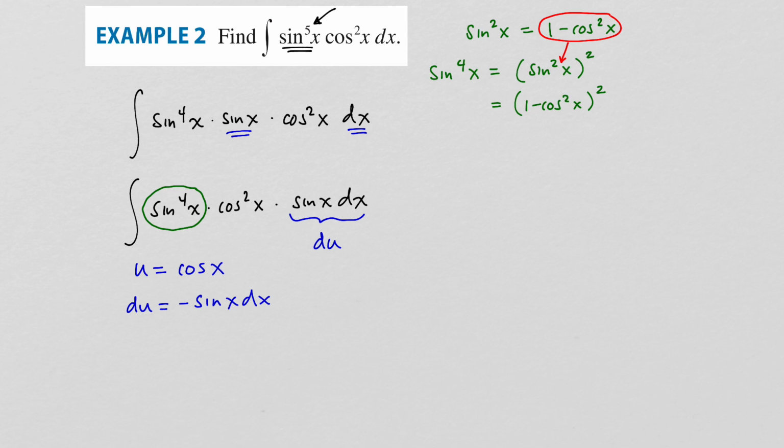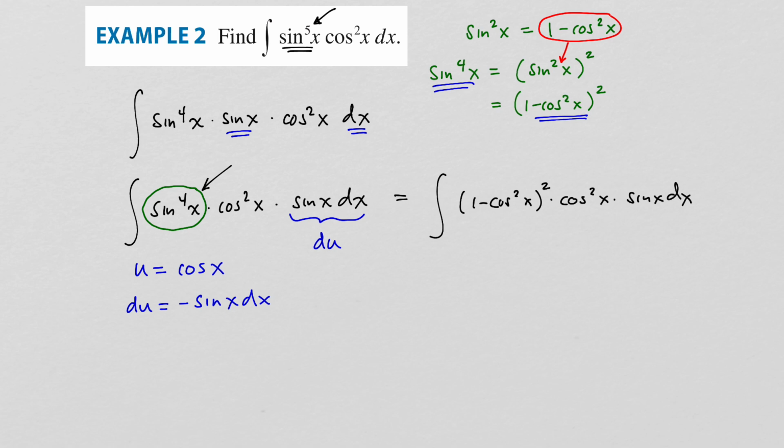So all this to say that we can express sine to the fourth power in terms of cosine. So if I do that here, we're going to get the integral of 1 minus cosine squared of x, quantity squared, times cosine squared, times sine of x dx.